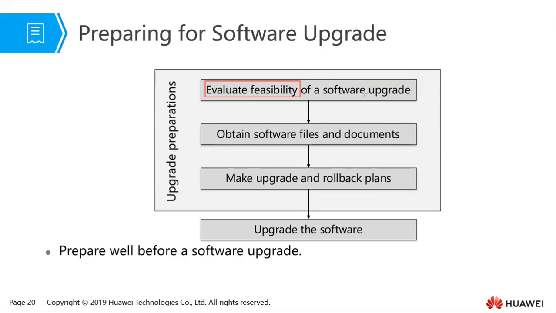So evaluate feasibility, how possible is it? And then obtain the software files and documents, then make upgrade and also rollback plans. So after you've been able to do that, then you can upgrade the software. So you need to prepare well before you perform a software upgrade.